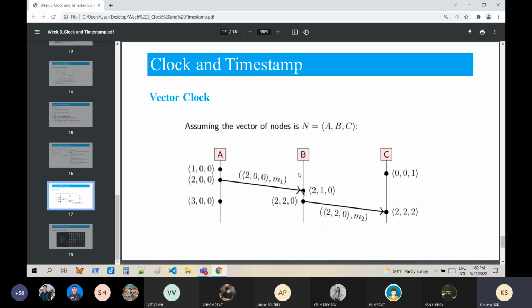But within computer B, this is the first event of itself, so the time is 1. In this case, the logical time is written as a vector, and the vector holds the events of all 3 computers, or all 3 nodes within the distributed system.